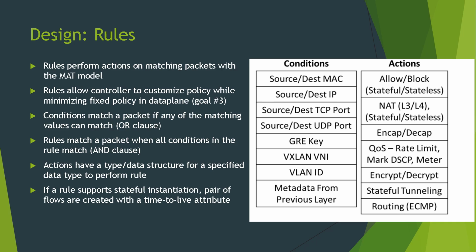And then there's some actions. For example, you can allow or block a packet from proceeding further in the network, network address translation, and encap/decap. More examples of which can be seen in the table shown to the right.